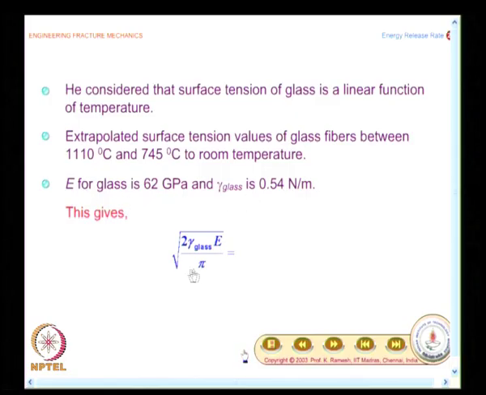And when you evaluate this expression, root of 2 E gamma glass divided by pi gives you 0.15 MPa root meter. Is it the same as what he had got in his experiments?